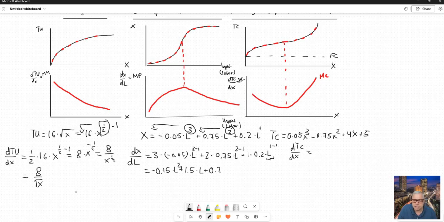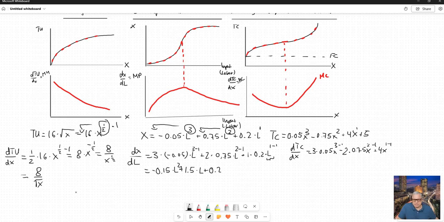Now the 3 goes in front, so 3 times 0.05 times x to the 3 minus 1, then minus 2 times 0.75 times x to the 2 minus 1, plus 4x, so plus, there's the invisible 1 again, so 1 times 4, so 4 times x, but then we have 1 minus 1, so that's a 0.